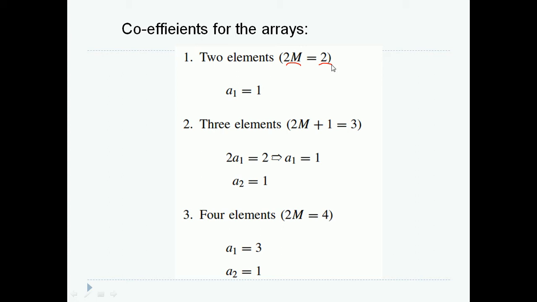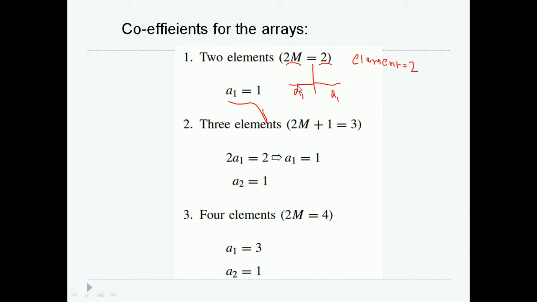I have 2 elements, A1 and A1, since it is an even number of elements placed symmetrically along the origin.